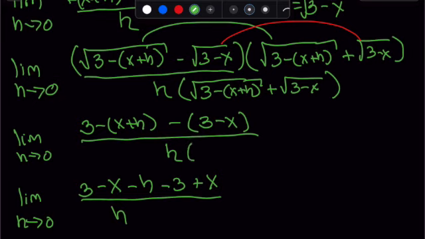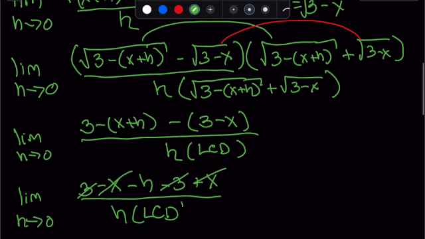And oops, I'm going to write the LCD right here because I don't want to keep writing that out. That's so long. So 3 minus 3, x minus x. It looks like this one is just a negative h on top.